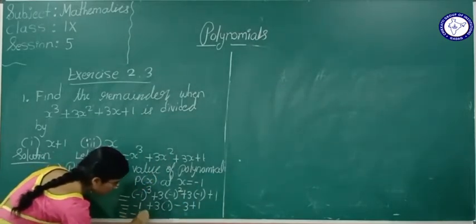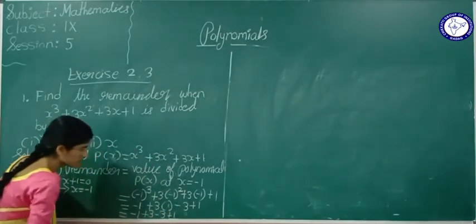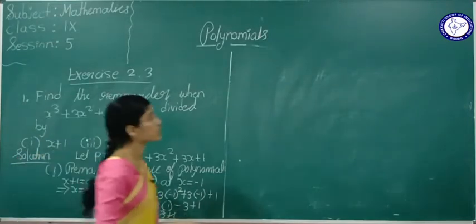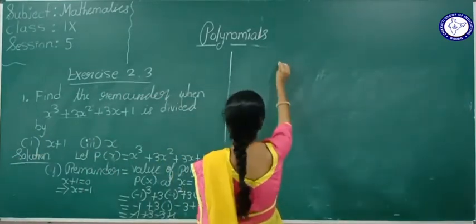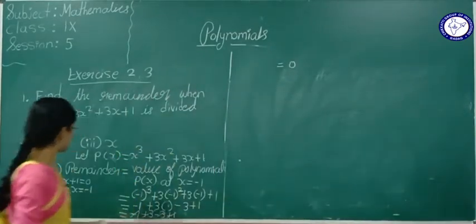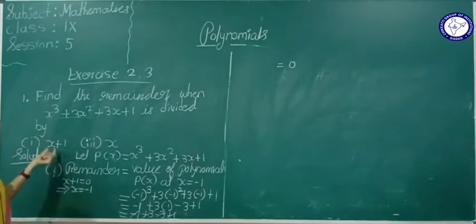Minus 1 plus 3 minus 3 plus 1: minus 1 plus 1 get cancelled, plus 3 minus 3 get cancelled. So it is nothing but 0. Okay, the first remainder we got is 0.